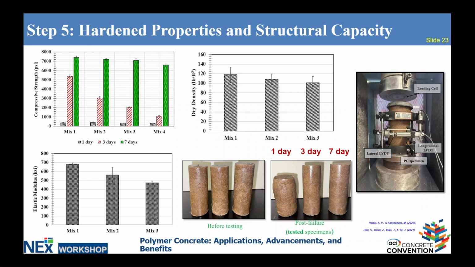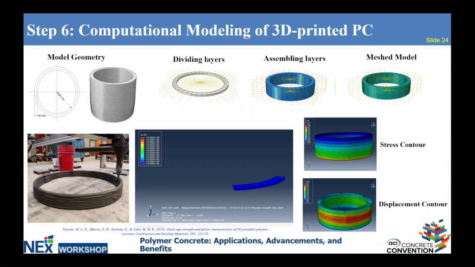For the elastic modulus, we have a very low elastic modulus, and it's considered a lightweight material for construction. And those two properties help polymer concrete in vibration attenuation applications where we need it in seismic and earthquake applications.